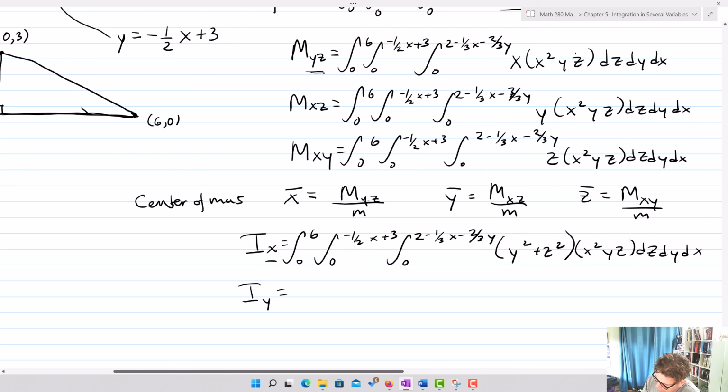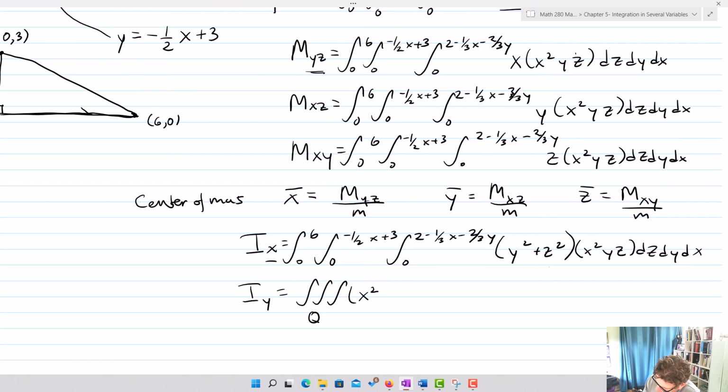Iy, and now I fully understand why they do this. It's going to be the integral over our region, we'll call our region Q. The region Q, and that is going to be then x squared plus z squared times x squared yz, dz, dy, dx.